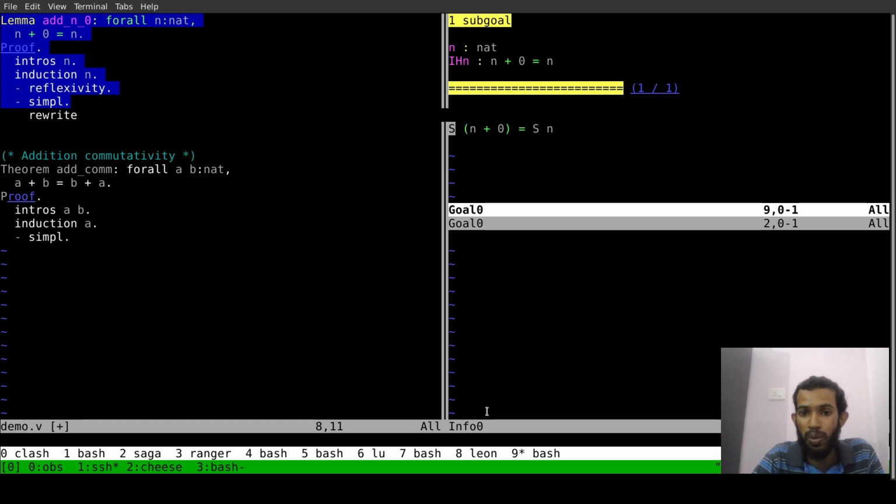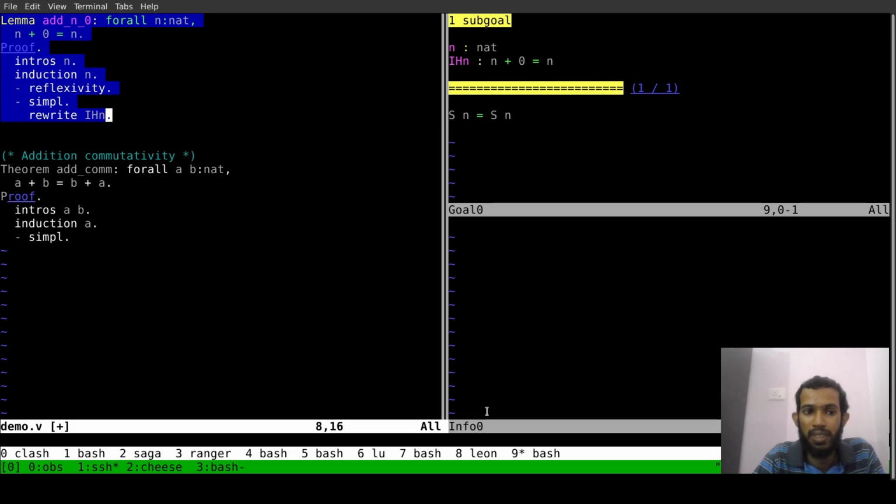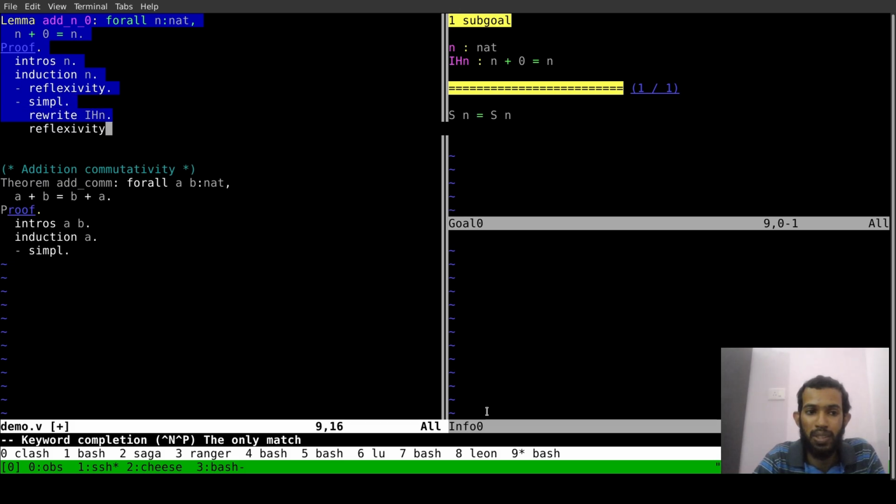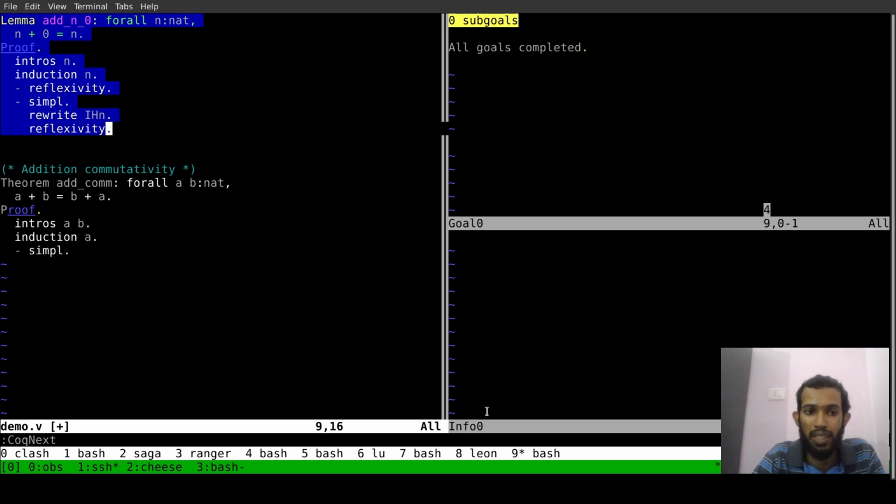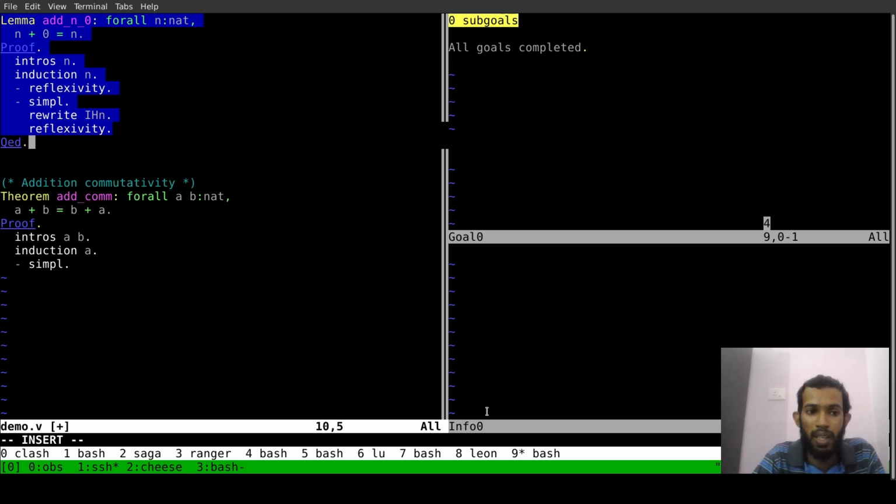So instead of n plus 0 in the goal section, I should have n. I'm rewriting from left to right, so n plus 0 will now become n. Right. So now we got LHS equal to RHS. I will say reflexivity, and that's done. Okay, that proof is over.